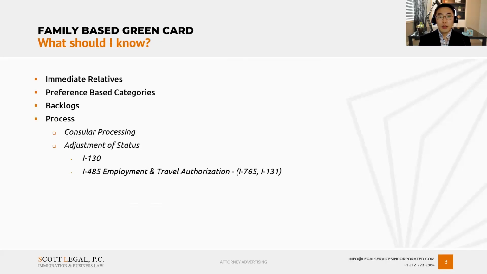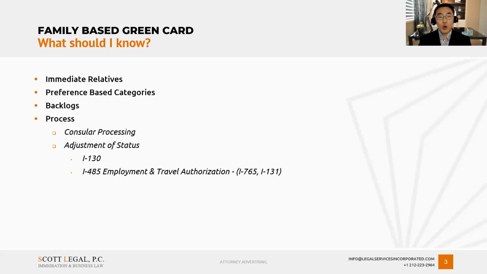Moving on, family-based green card cases. The immediate relatives category is the most popular way to process your foreign national spouse's green card case. The preference-based categories have a total of 5 different categories, from F1 to F4, but two well-known examples are the ones I mentioned before: spouses of U.S. permanent residents and brothers and sisters of U.S. citizens.